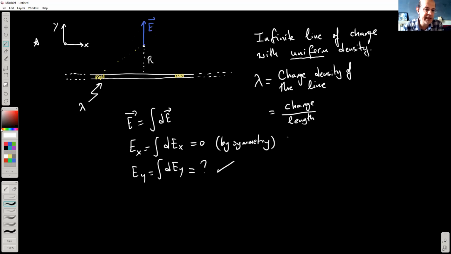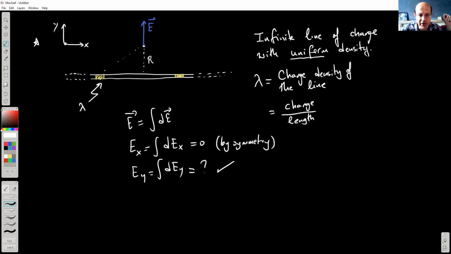Don't spend any time on computing this, because you already know that if you integrate it correctly, you would get 0. So why waste time? And so there's only one integral that we have to evaluate in here. Okay. So now I'm going to formally start solving this problem. In the problem, there are these two parameters. This is the linear charge density of the line, and this distance in here, and we would like to compute the y component of the electric field.